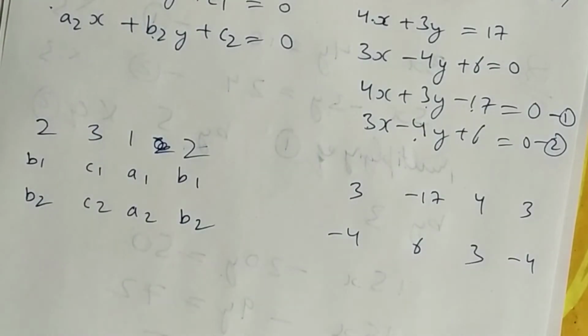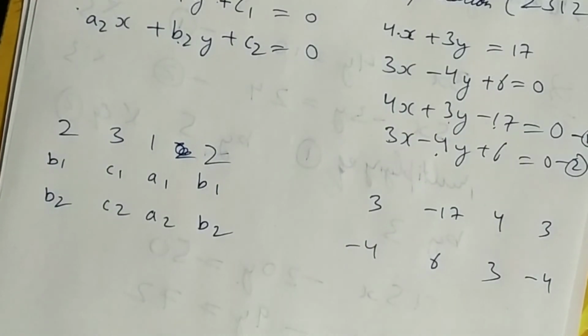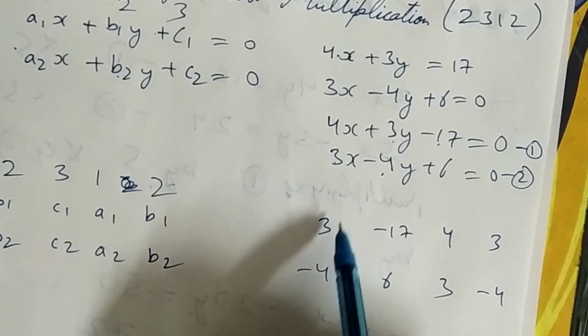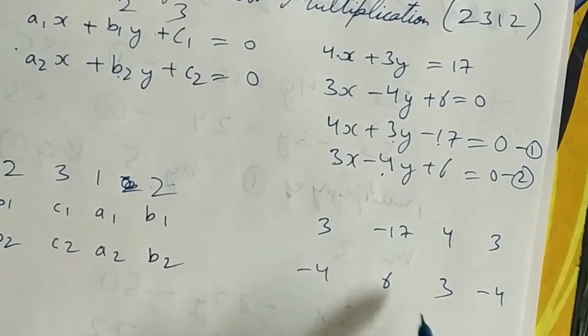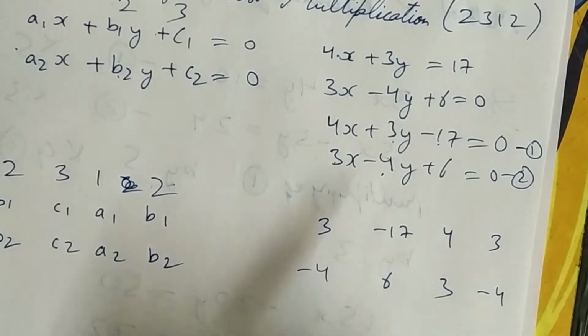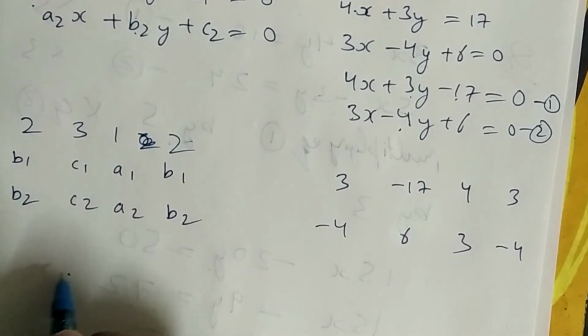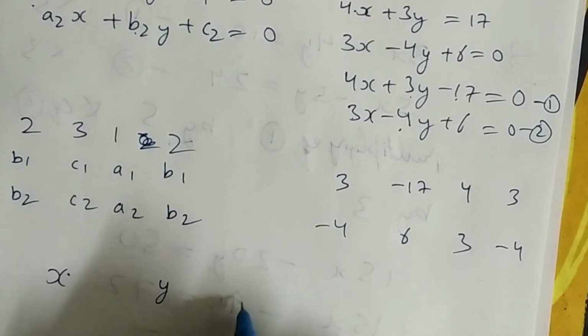This is 1 2 3. Just write the coefficients. Most students make a mistake: they also write y and x here. That is a mistake. You must not write any x or y here. No variable must be there. This is how we write it. Now next step, just x, y and 1.